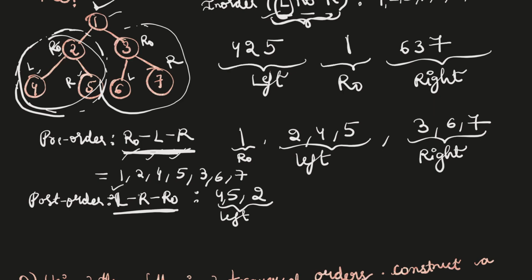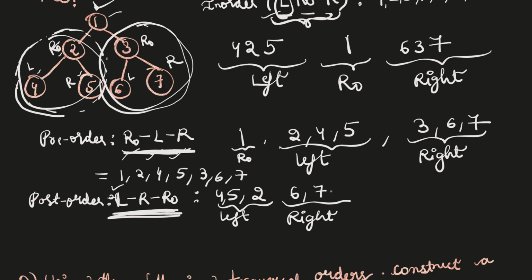Now coming to the right part. On the right side also we have more than one element. So we'll again follow the same rule. Left, right and root. So left is 6, right is 7 and root is 3. Now we'll write the root part. Root is obviously 1.